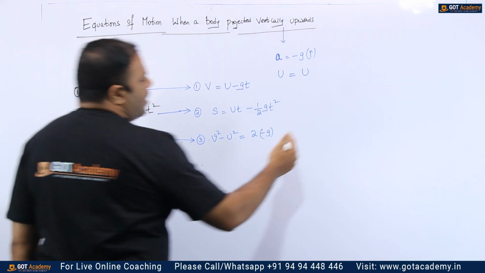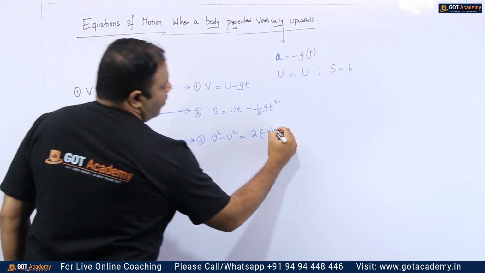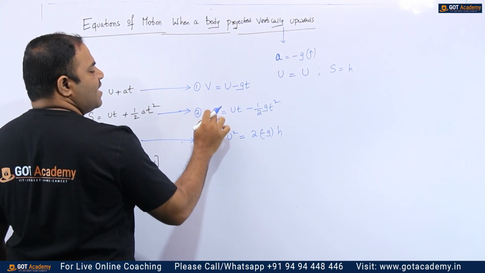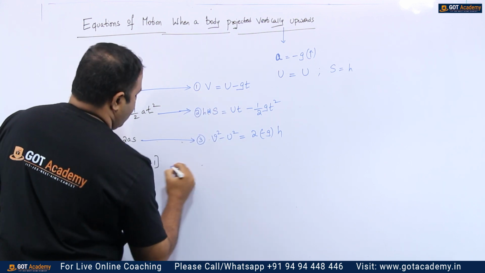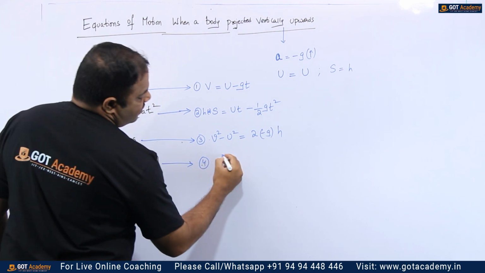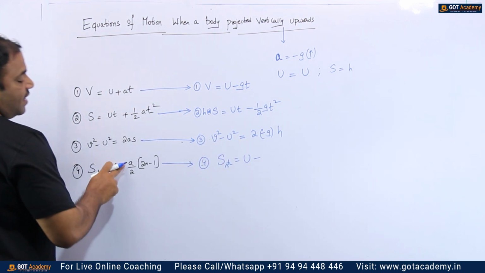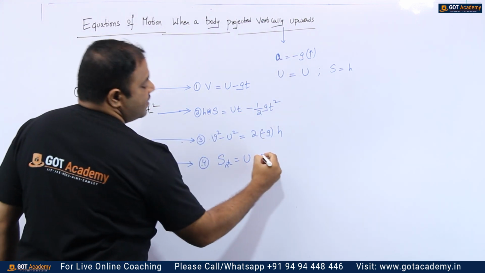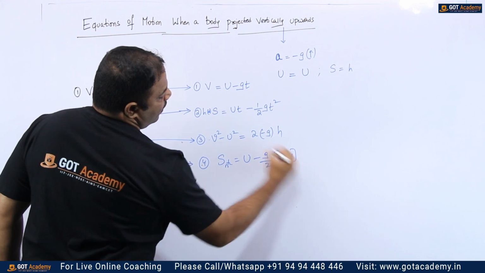Or if you are interested, let us assume that the distance travelled is H. Then here also you could write S or H, no problem. Now, in this equation, distance travelled in nth second is equal to U, whereas in case of A, it is nothing but minus g, g by 2 into 2n minus 1.